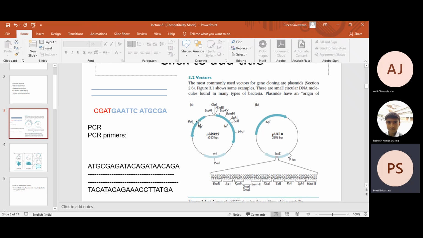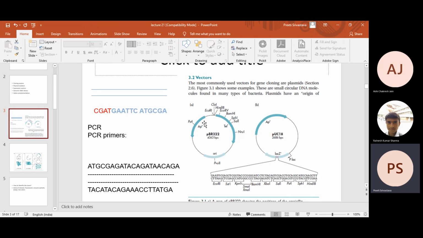For example, if the insert is cloned at PstI, then the ampicillin resistance gene cassette will be disrupted. In such cases, if you transform it on a tetracycline plate, both vector self-ligated and vector plus insert will give colonies.